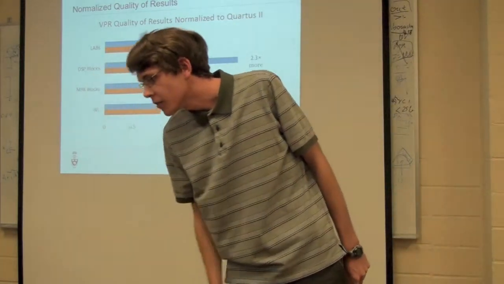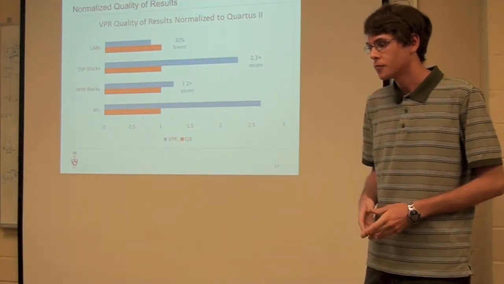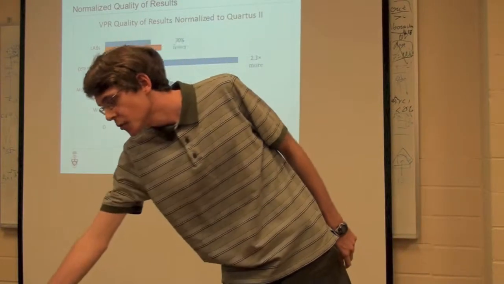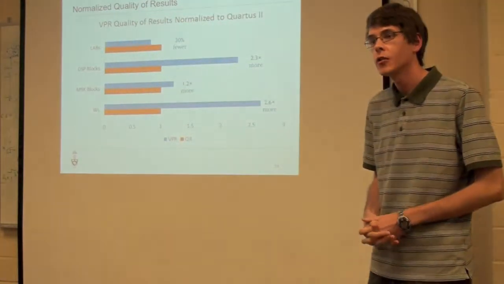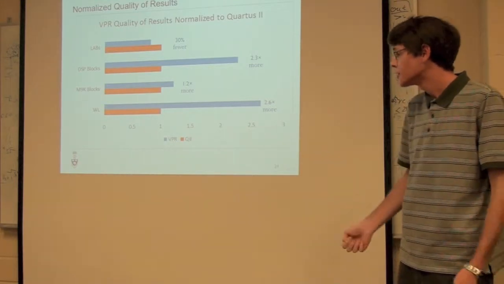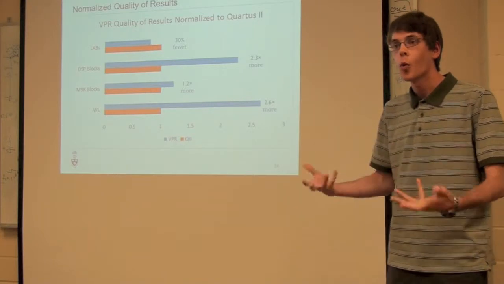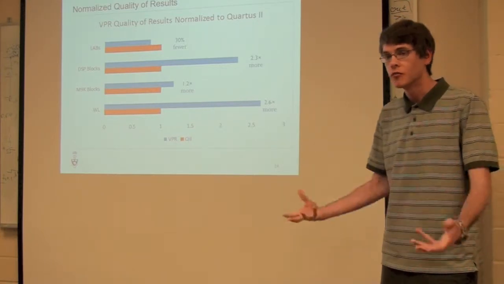And somewhat similarly, for the RAM blocks, VPR used about 20% more. Now, perhaps the most surprising result was that the wire length gap was so large, about 2.6 times. So VPR is actually using substantially more wire than Quartus 2 to route these benchmarks.